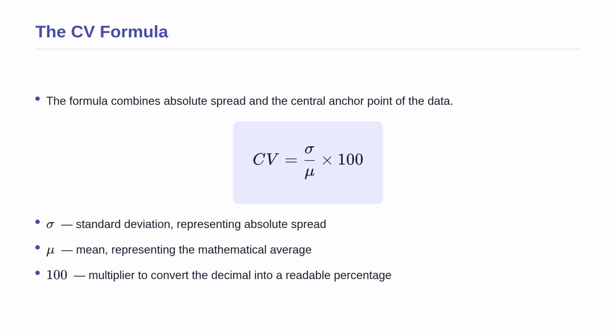Mu represents the mean. By dividing sigma by mu, we find the fraction of the spread. Multiplying by 100 converts this into a readable percentage. If standard deviation increases while the mean stays the same, the CV increases, showing wider relative spread.